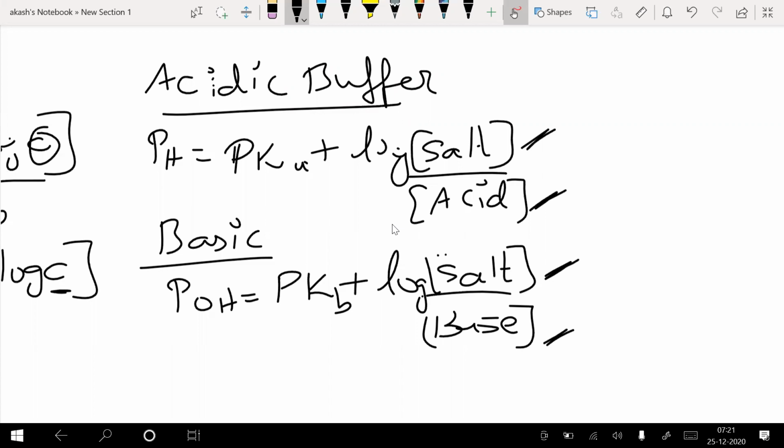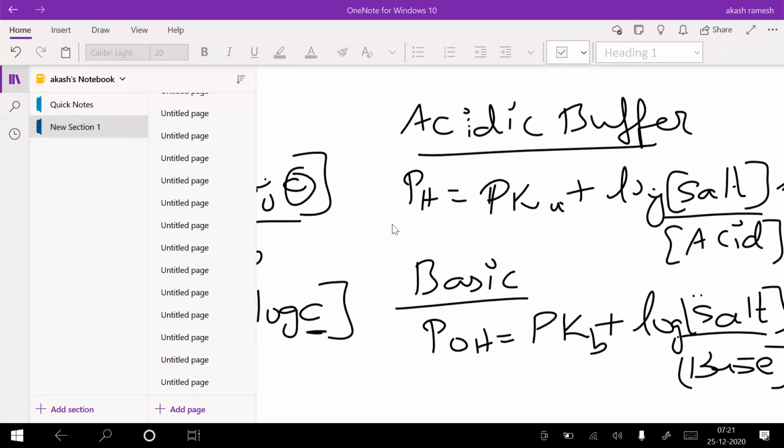Which area? Is it from salt hydrolysis or is it from buffer? Tell me guys whether it's a buffer solution problem, or salt hydrolysis?